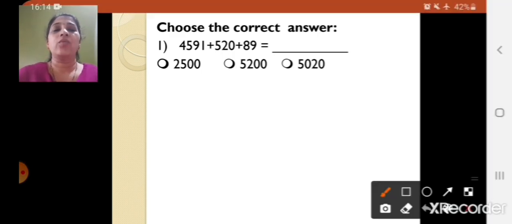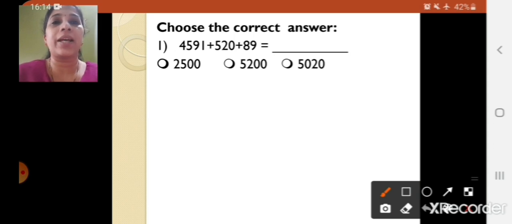Like this the question will be asked, and again 3 options will be given. The 3 options are 2500, 5200 and 5020. So you will find out the answer in your book, do the calculation part, and then you will tick your right answer. So let's start.